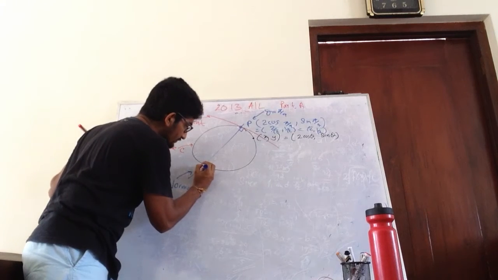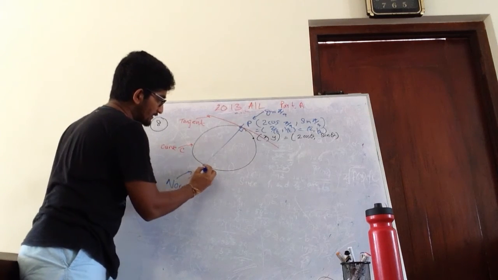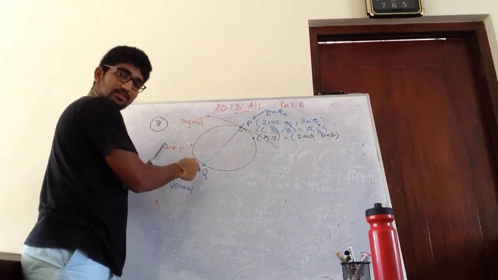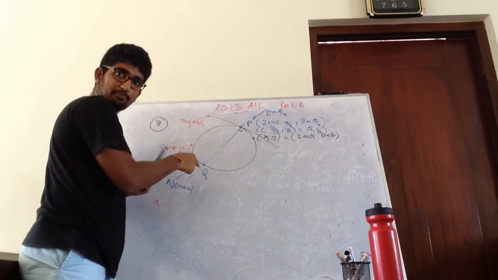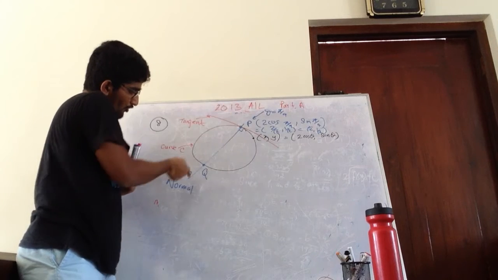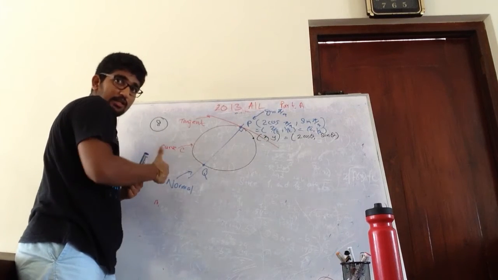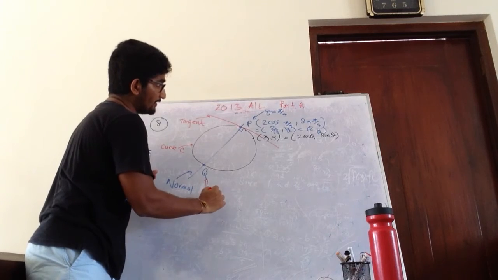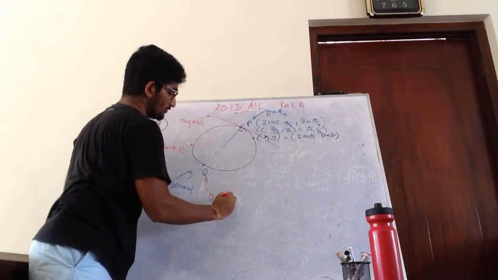So here, let's take the point as Q, right? This is the place where this normal meets the curve C, and what we call theta there is equal to alpha.